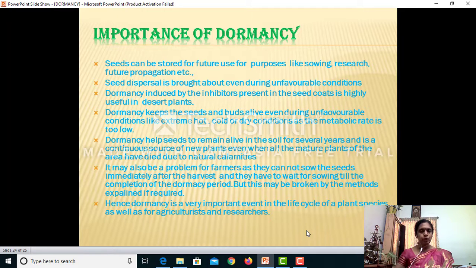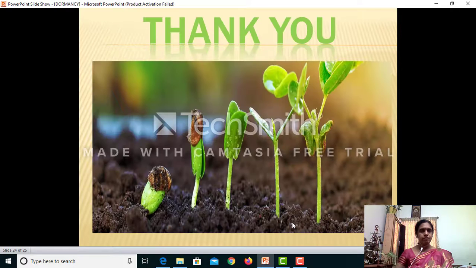But this may be broken by the methods explained if required. Hence, dormancy is a very important event in the life cycle of a plant species as well as for agriculturists and researchers.